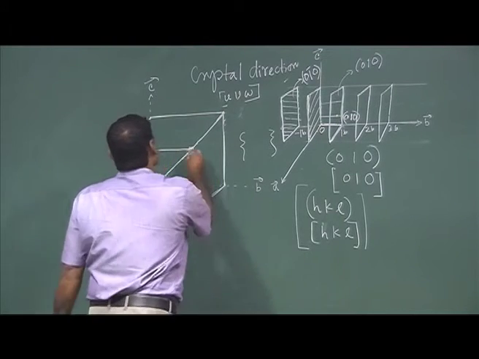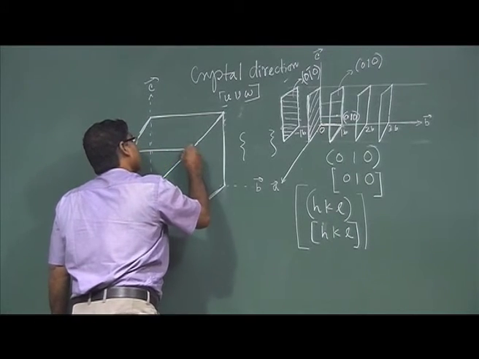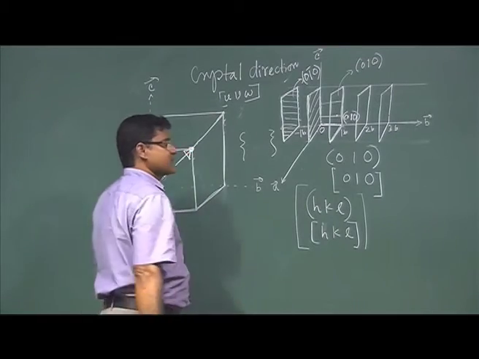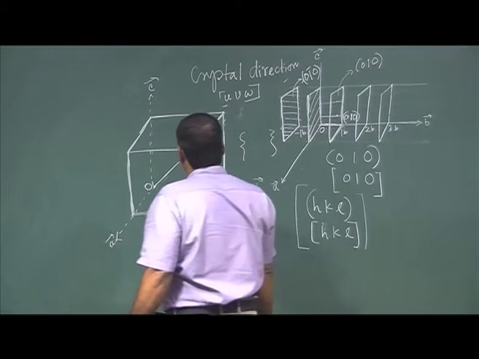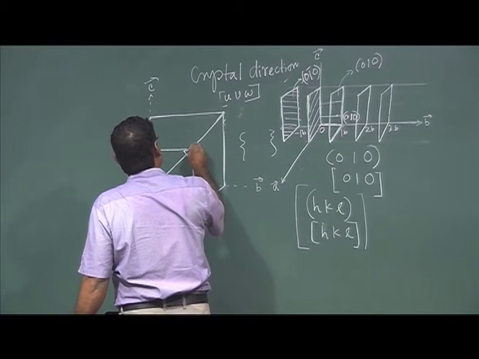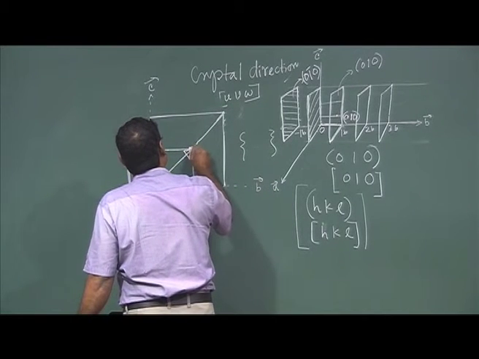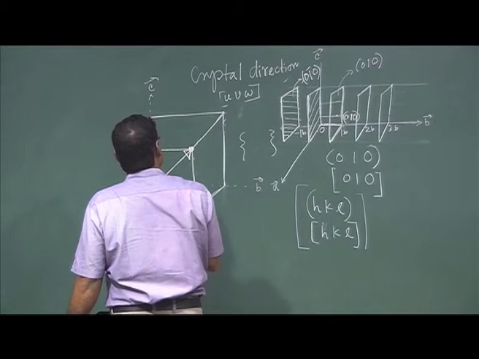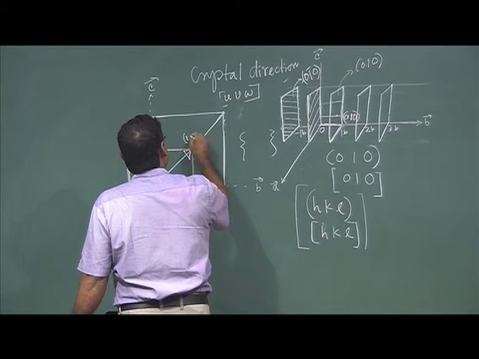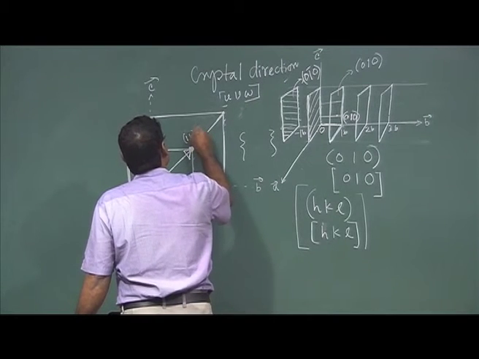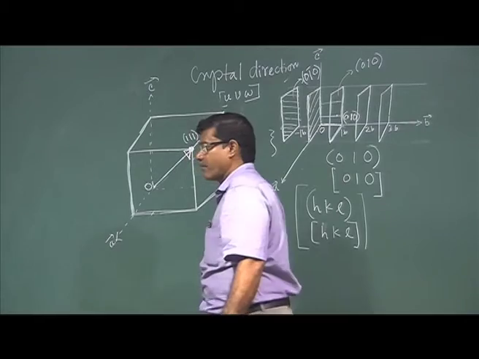So, what is the direction of this? So, what is the coordinate of this? That will be 1a, 1b, 1c. So, that means 1 1 1, that is the coordinate. Okay.